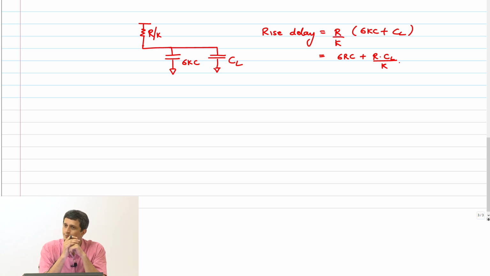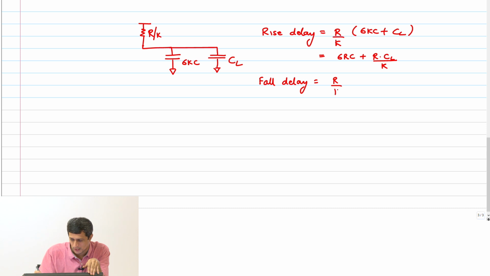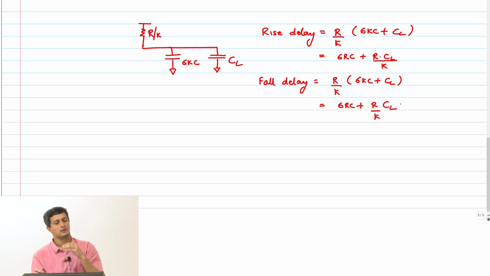Okay. So now what does this tell us? And similarly, fall delay will be no different, by the way. Will also be just R by k into 6kC plus CL, no different, plus R by k into CL.